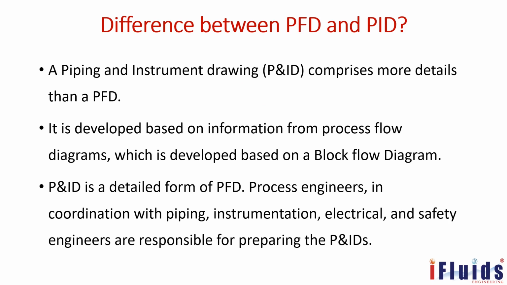P&ID is a detailed form of PFD. Process engineers in coordination with piping, instrumentation, electrical and safety engineers are responsible for preparing the P&IDs. While preparing the P&ID, all discipline engineers, process, instrument, electrical and safety engineers, sit together and discuss. Based upon the PFD, they can draw the P&ID.